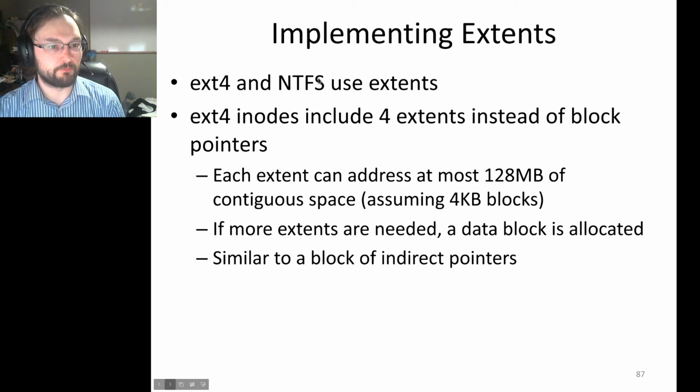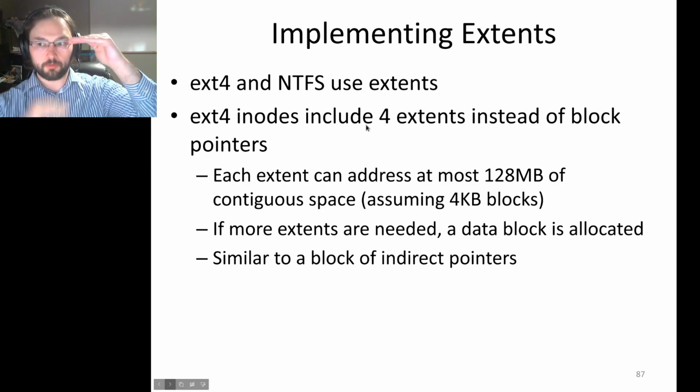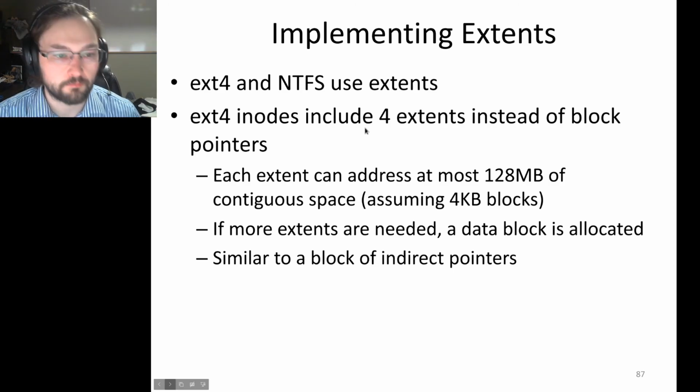So both ext4 and NTFS use extents. In ext4, instead of having block pointers in our inodes, we're going to have some extent references, so a block pointer and then a run length.